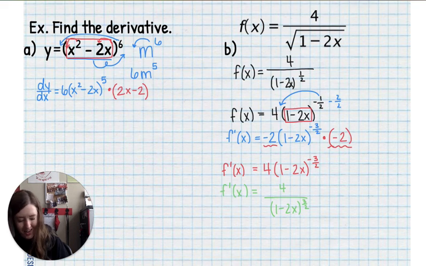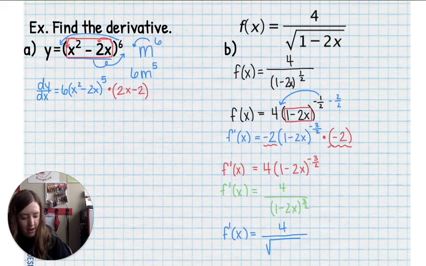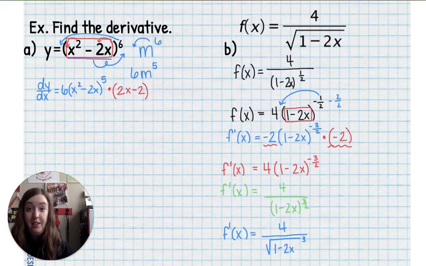Or you could write that as f prime of x equals 4 over the square root of 1 minus 2x, and that whole thing cubed.